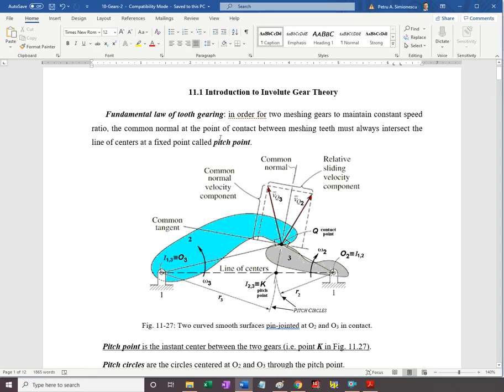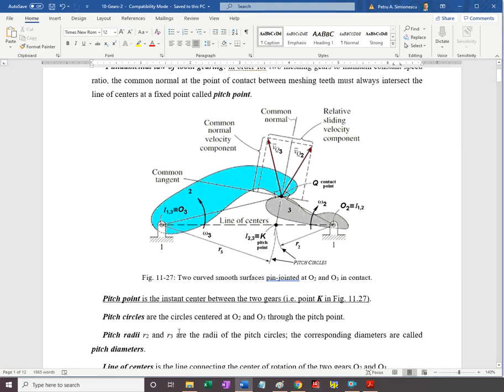Okay, so the fundamental law of tooth gearing says in order to have constant transmission ratio, we will have to have the pitch point or the instant center between the two gears at a fixed location. If this doesn't happen, then the transmission ratio is not going to be constant. Or in other words, we want the common normal to intersect the line of centers at the same point.